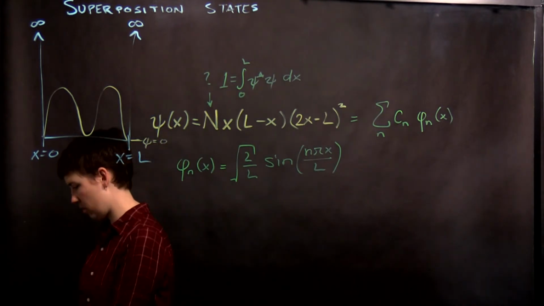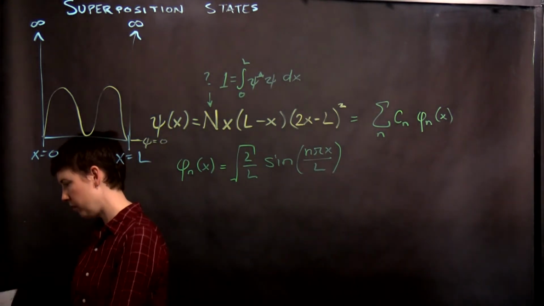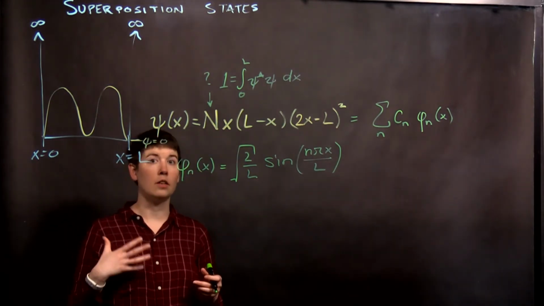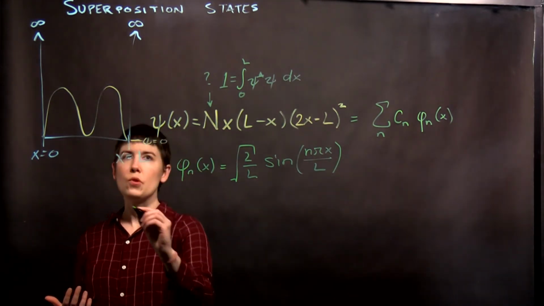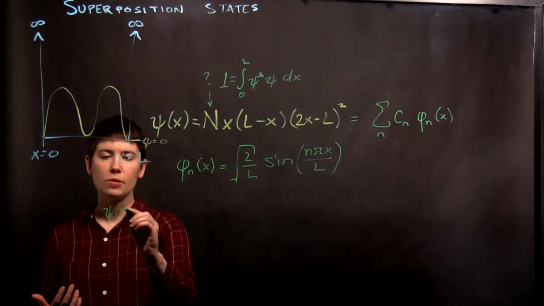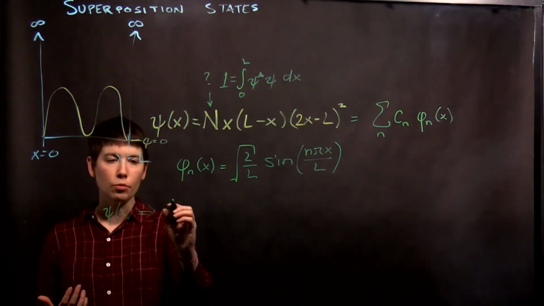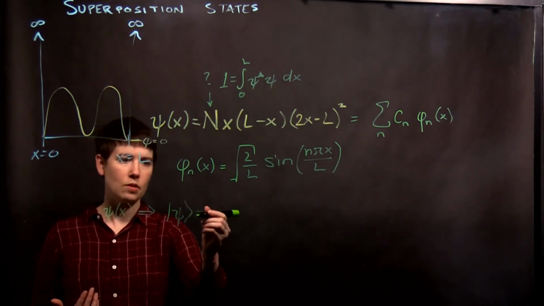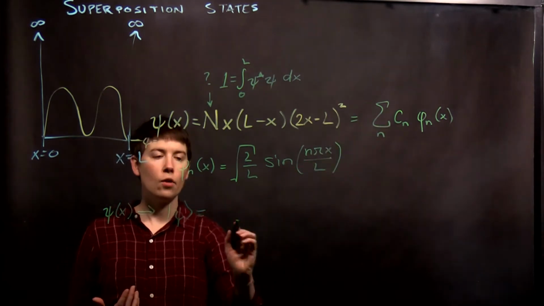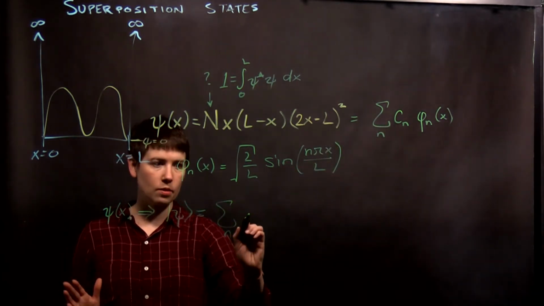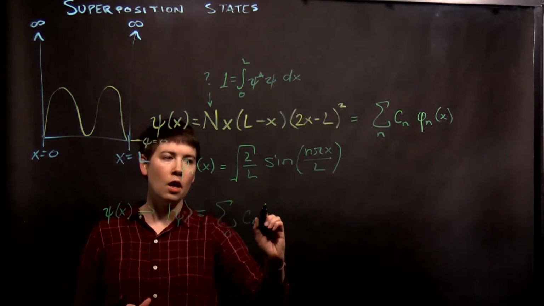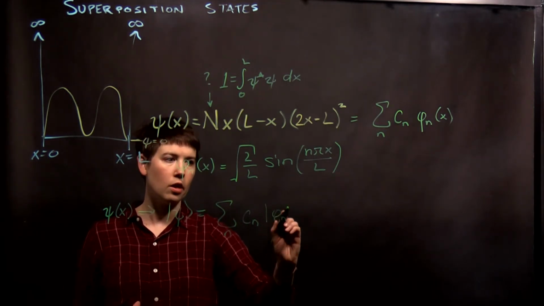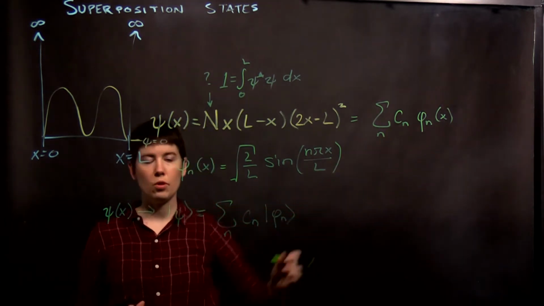And I want to make sure I'm following my notes. Let's go back and again think about the idea of bracketing, right? So when I write it this way, I'm in the position representation, but I can move back to thinking just about kets. And so when I express this as kets, I can now rewrite this as, again, that sum, my C sub n, and then my ket states associated with those, right?